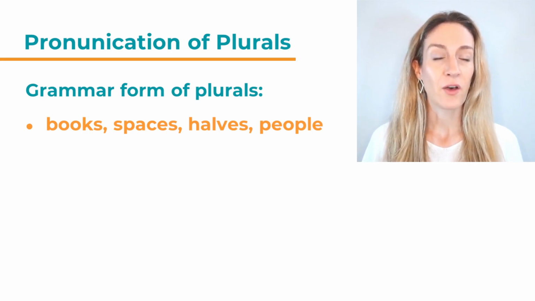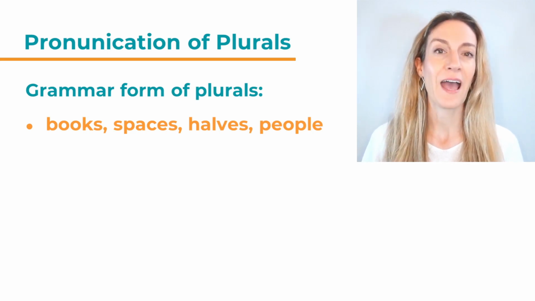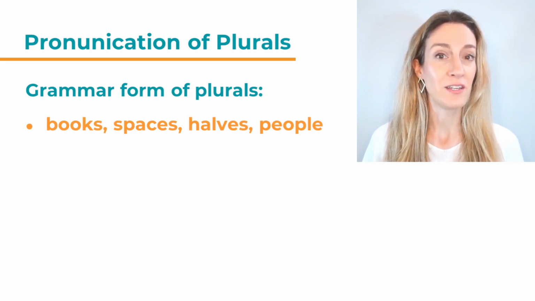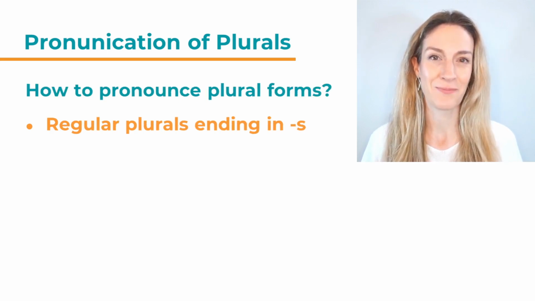But in this video, we're not going to have a look at how to form plurals. We are going to have a look on how to pronounce the different plural endings.